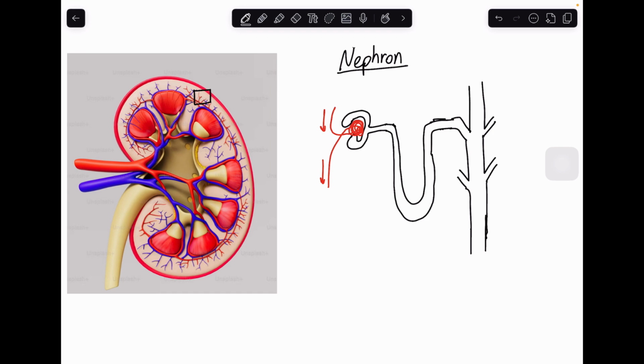And the blood is brought into a nephron through this vessel, which is called an afferent arteriole. And after going through this network of looping blood vessels, which we call the glomerulus, the blood leaves through what's called the efferent arteriole.